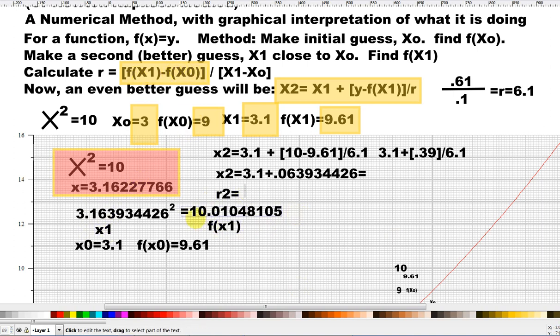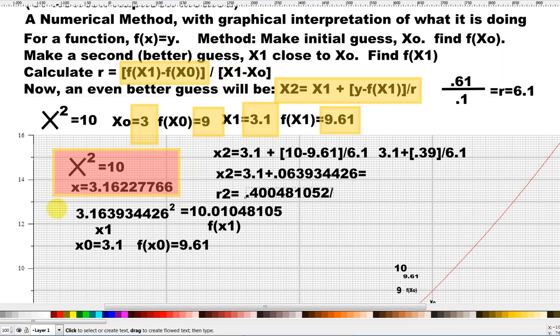Well, now we're going to use 10.01048105 minus 9.61. So minus 9.61 equals, all right, so we get 0.00481052. So that's the top there, and then we're going to divide that by the bottom, which is the difference between these two guesses.